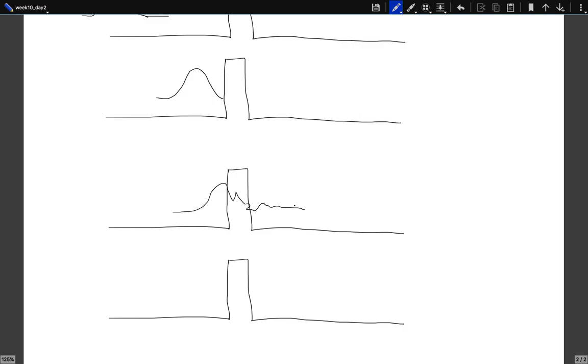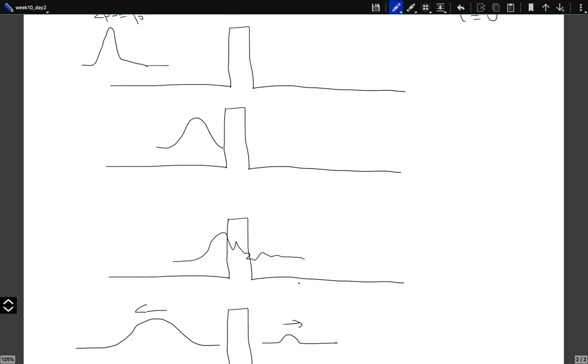And if you wait a bit longer, you will have a wave that will move in this direction, and another wave on the other side that will move in this direction. Because it's a complicated superposition of many waves. That's the superposition of many exponentials. As I said, I have no idea how it will look. Probably it will not look like this. So this is what will happen with time.